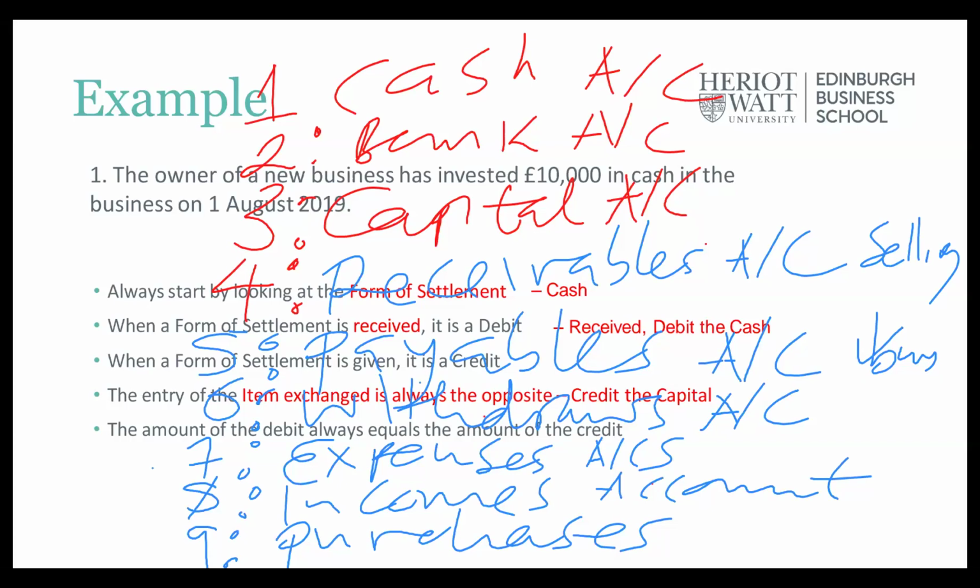If you buy on credit, you know what happens? You have your payables account here, then you receive the goods. You receive those purchases. So that is what is happening. Is that clear?